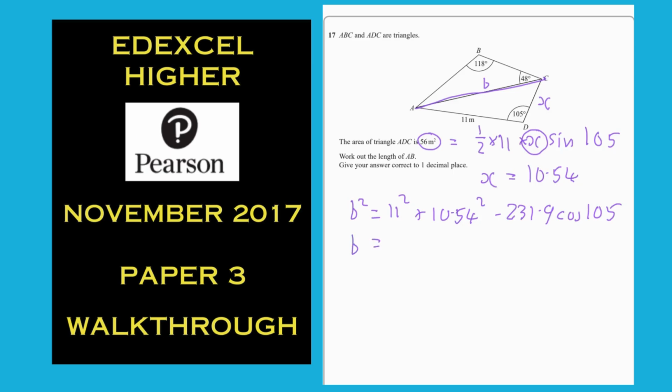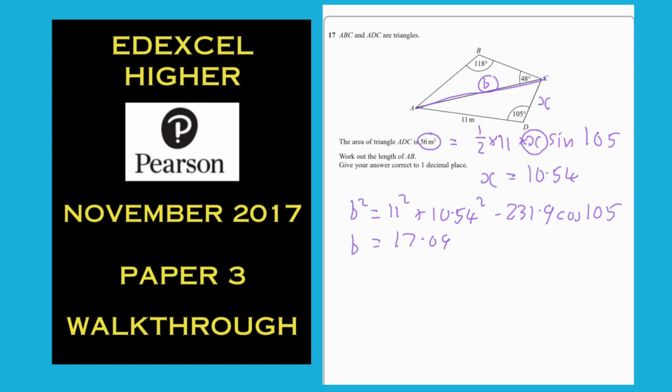Get all that in your calc and square root it. I'm getting 17.09 for my B.